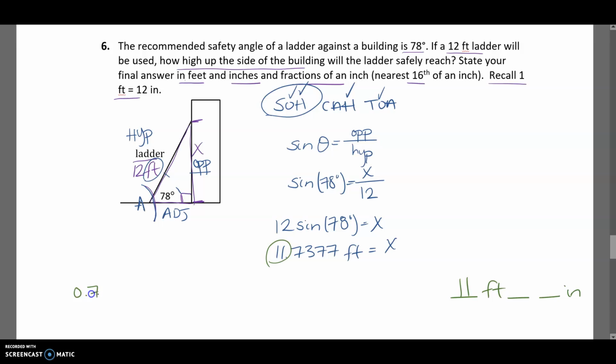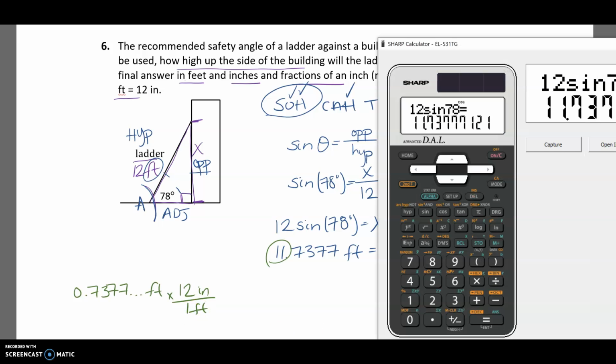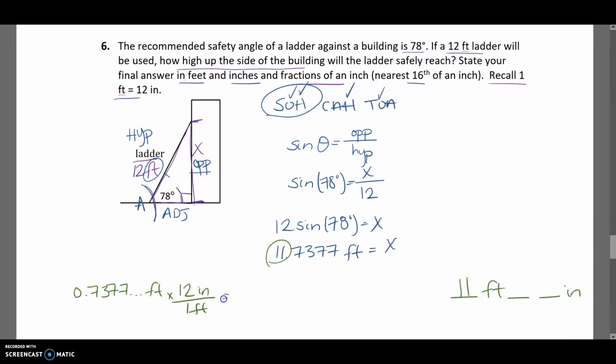On my calculator, I'm going to take the rest of that decimal portion without rounding. 7377 and so on is in feet. I want to convert that to inches, so I'll multiply by the conversion 12 inches in 1 foot. So on my calculator, I get rid of the 11 whole feet first by doing subtract 11. And now I take that whole long decimal and multiply by 12 to convert it to inches. I get 8.85325 inches.